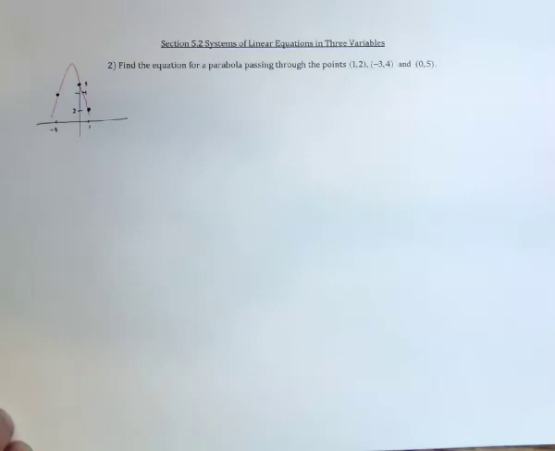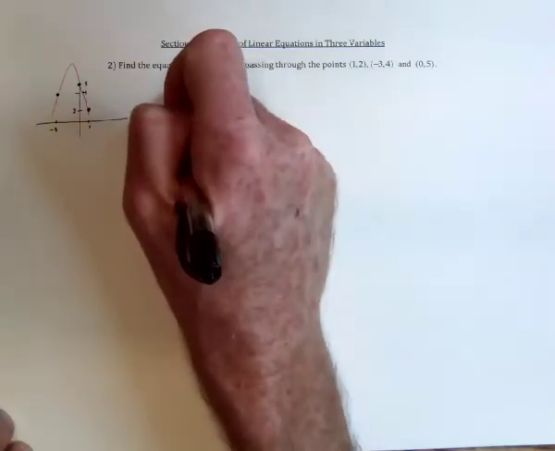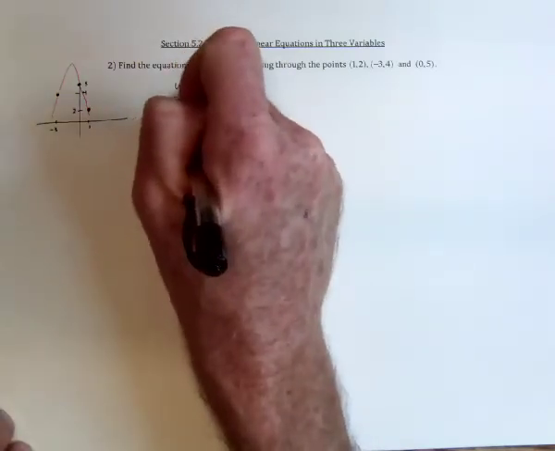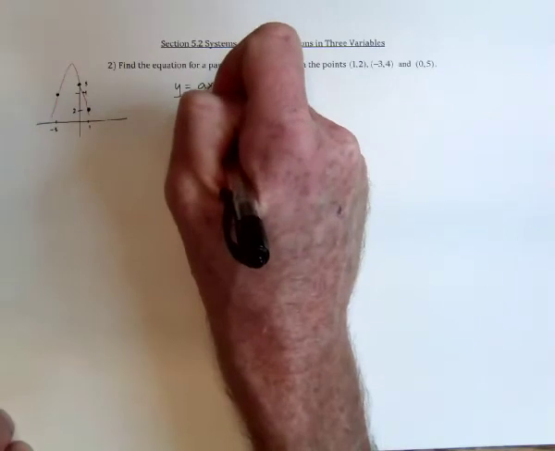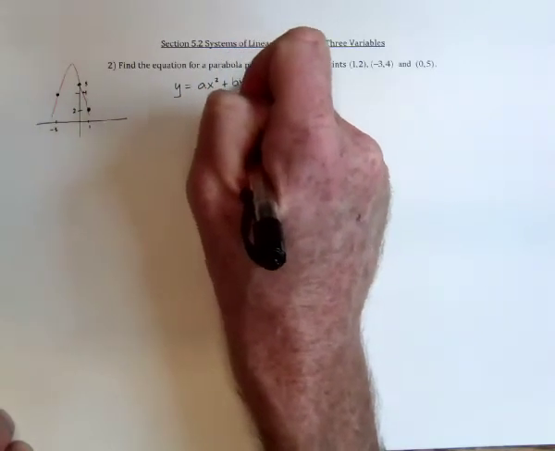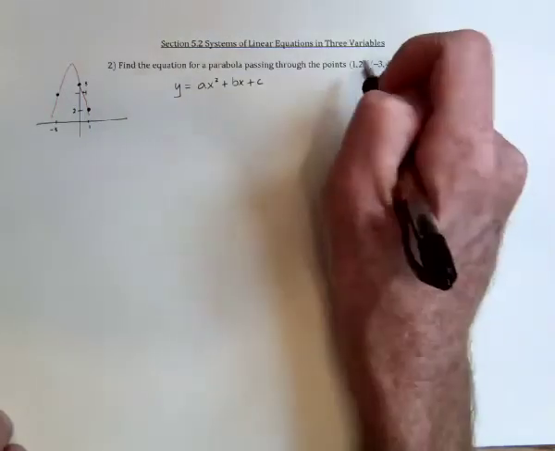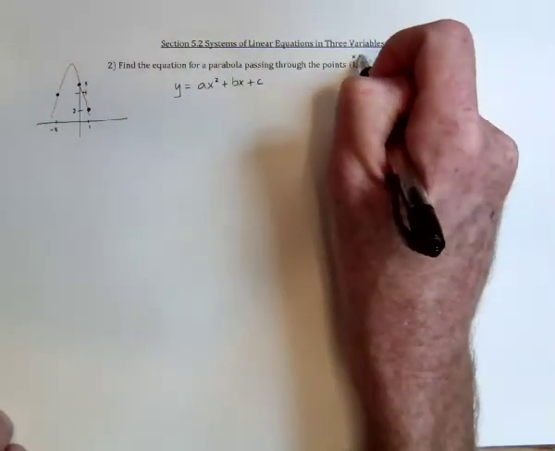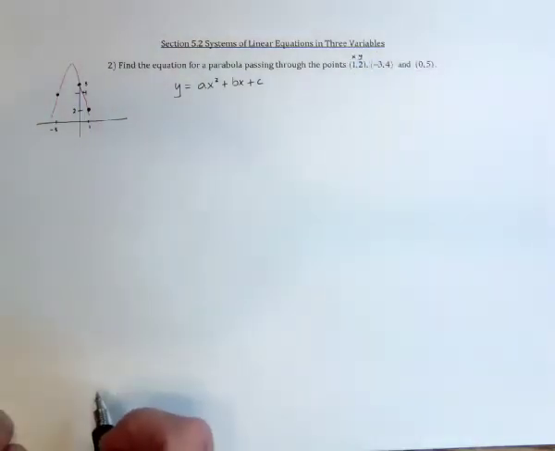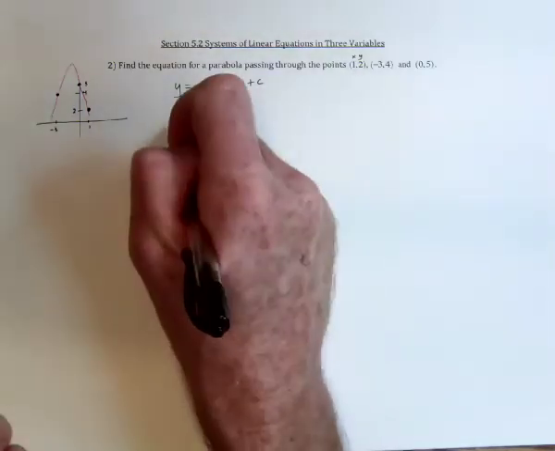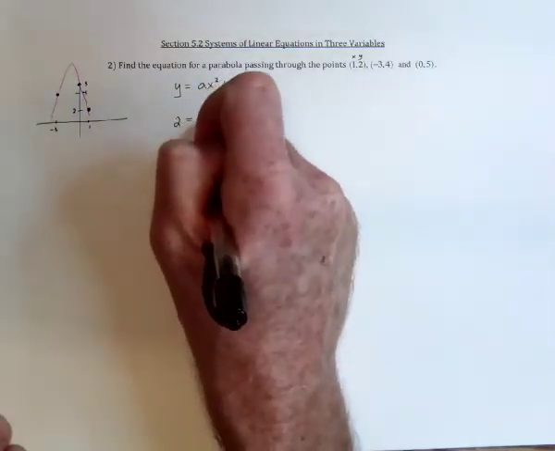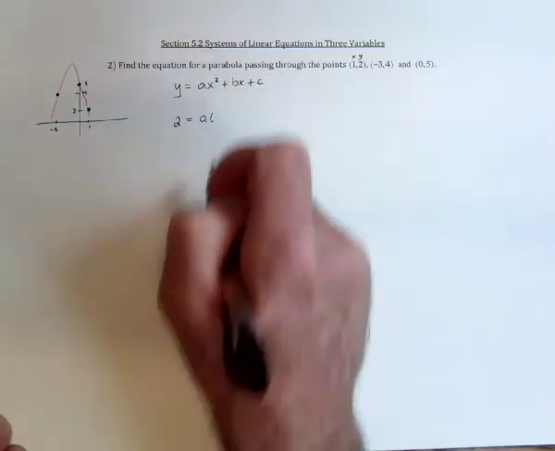Since it's a parabola, it's a quadratic, so we can say that it's quadratic in form, ax squared plus bx plus c. And then over here we've got some numbers for x and y that we can substitute into the equation. So for the first one, y is equal to 2 and x is equal to 1.